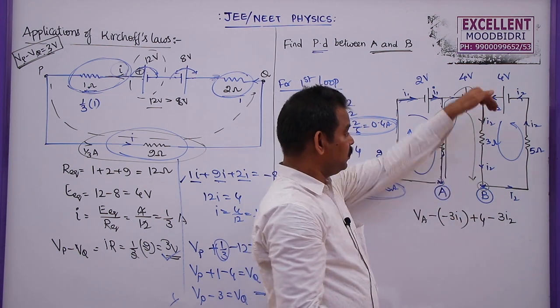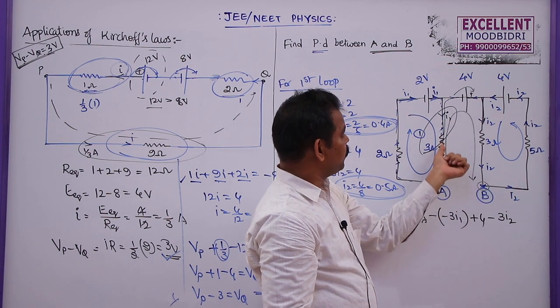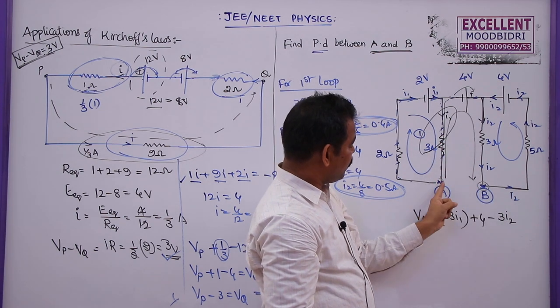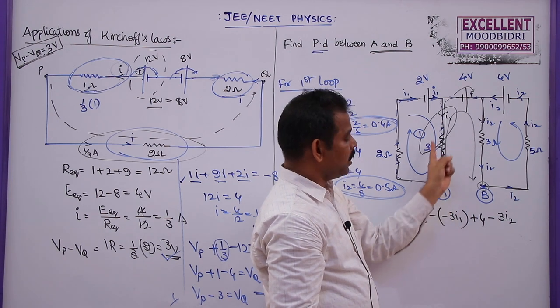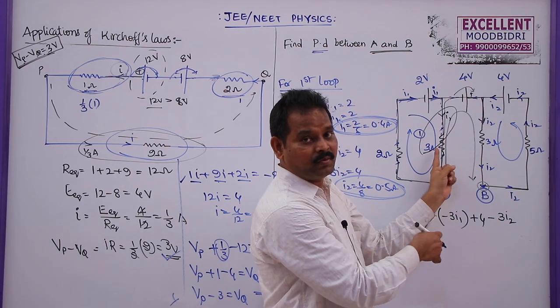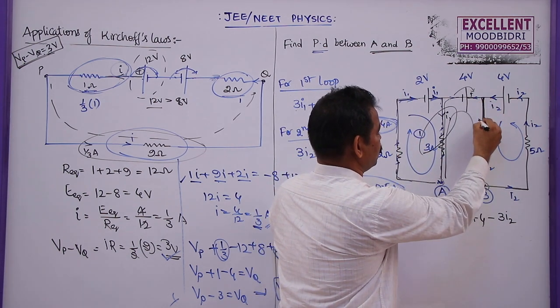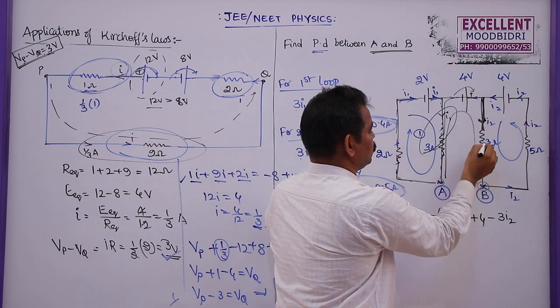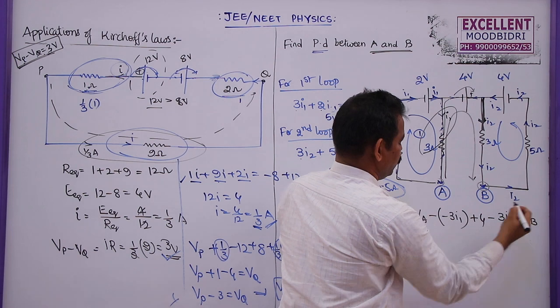But if current is flowing in the same direction, this will become minus 3I2. If current is flowing in the opposite direction to our path, see, here I am moving from A to B via this path. Drop is 3I1, minus 3I1. But as I am moving opposite to this one, minus of minus. But here as I am moving down, current is also moving down. So minus 3I2. This is equal to VB.